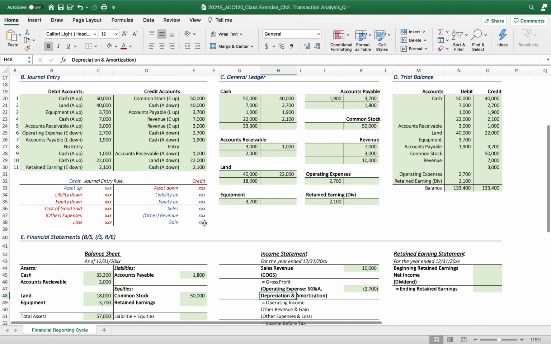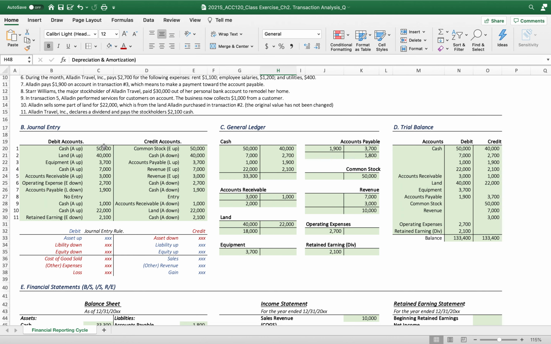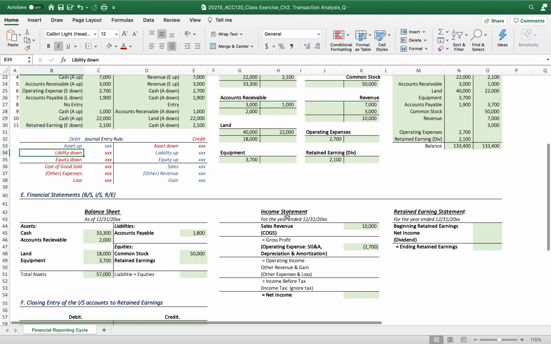But in the rule of journal entry, you can see that there's no negative value, because we can use the other side of the account, the balance like debit and credit. That's why we use the double entry accounting, right? Debit and credit. But here on the income statement, we see the expenses, which is negative.